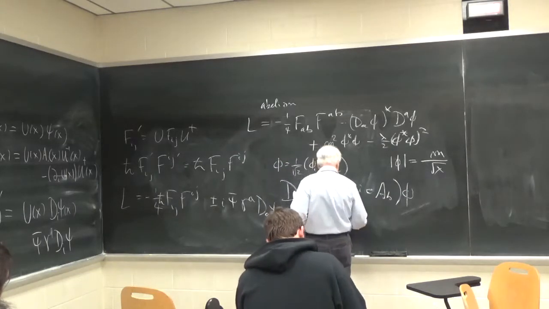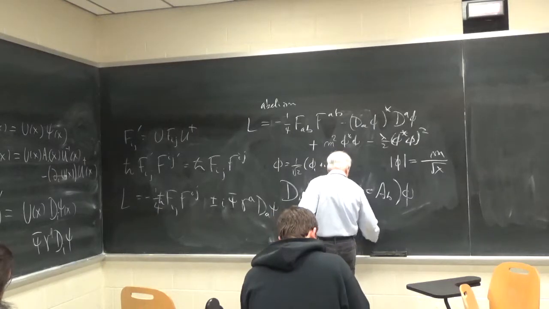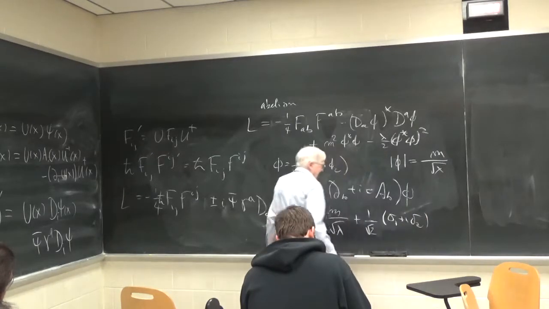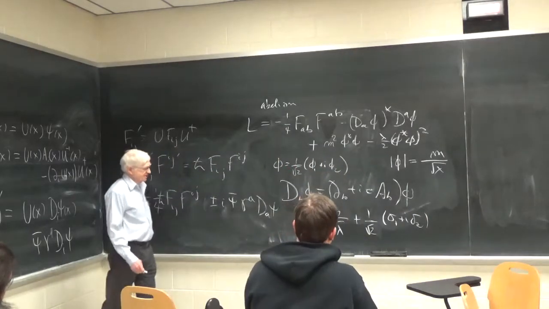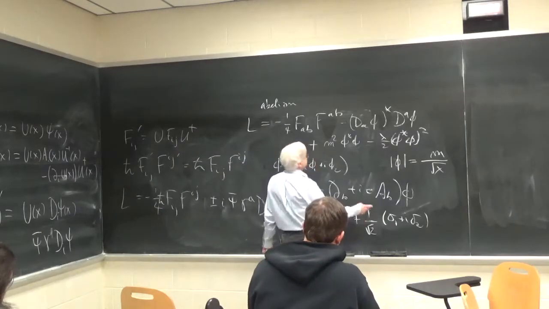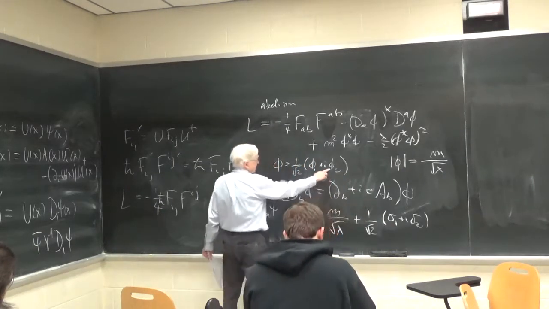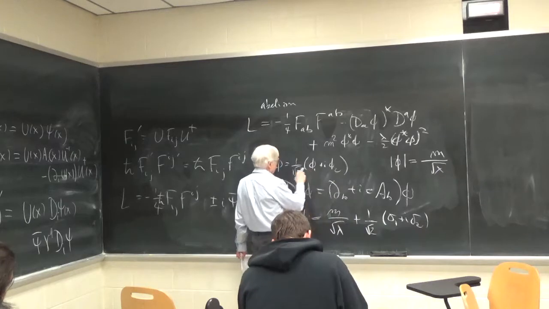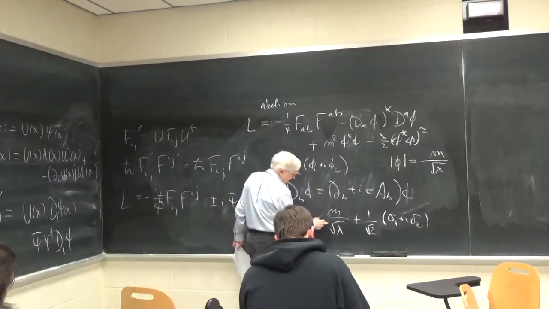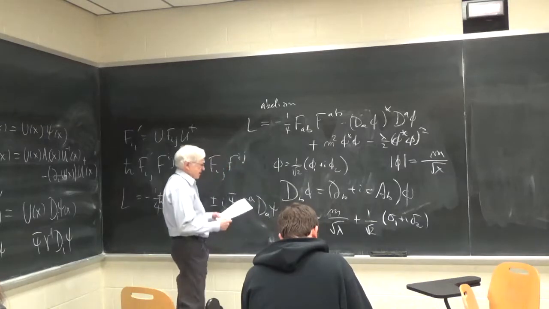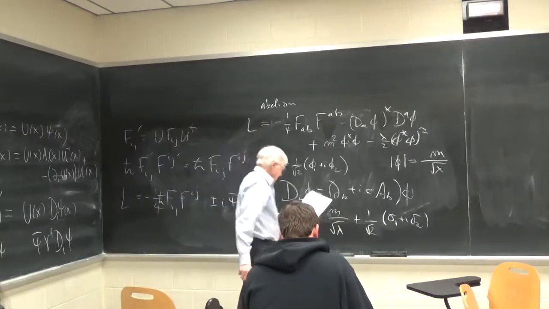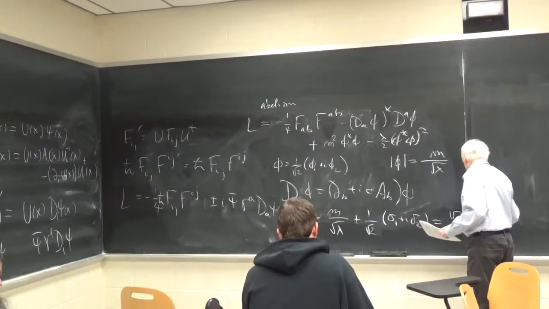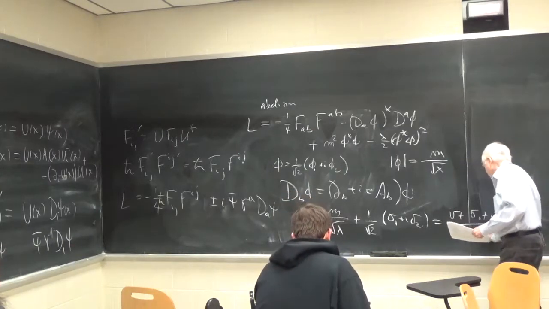And so we write this as m over square root of lambda plus 1 over root 2, sigma 1 plus i sigma 2. Now sigma 1 and sigma 2 are real fields, and sigma 2 is just the original field phi 2, but sigma 1 differs from phi 1 by m over square root of lambda, apart from root 2. And there's another convention here, which is that this is sigma 1 plus i sigma 2.